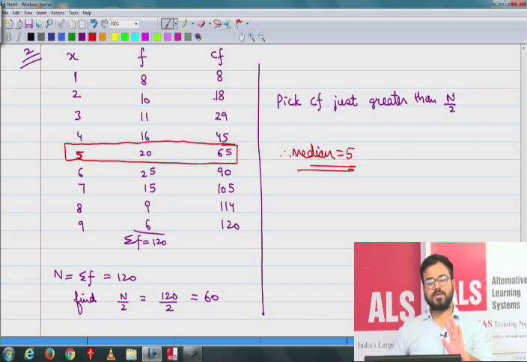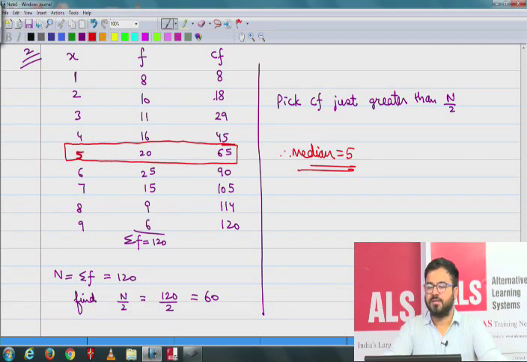So the steps are: find the cumulative frequency of less than type, find the total frequency divided by 2, then look at the cumulative frequency just greater than n by 2, and that will give us the median.